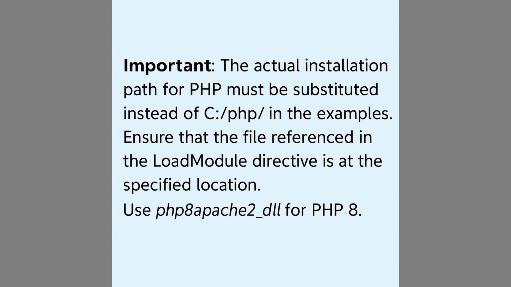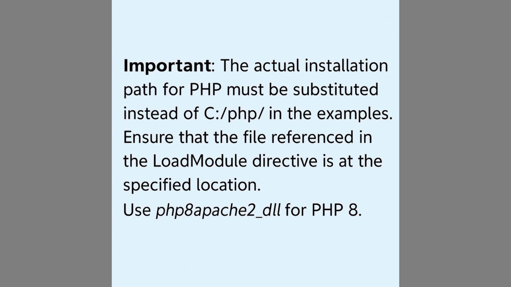For example, if you installed PHP in a folder named C:/Program Files/PHP or D:/Web/Tools/PHP, then that exact path should be used in all configuration lines inside the Apache httpd.conf file. If Apache cannot find the PHP files at the specified location, it will not be able to load PHP properly, and you'll encounter errors when trying to run PHP scripts.